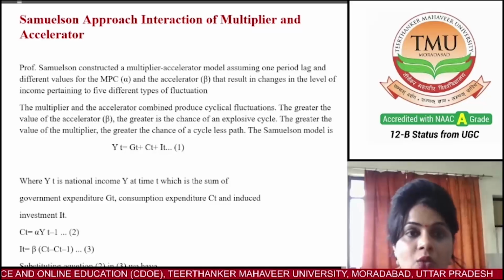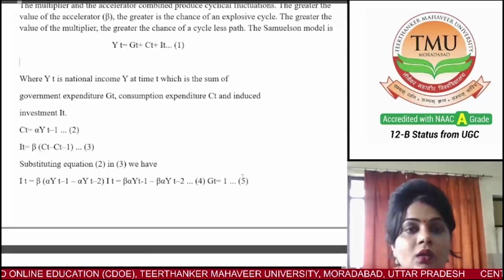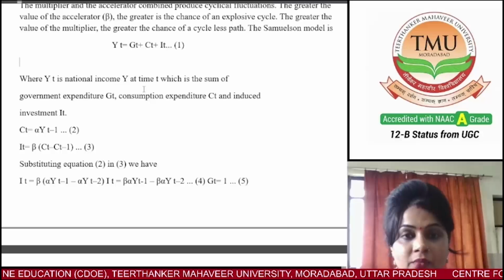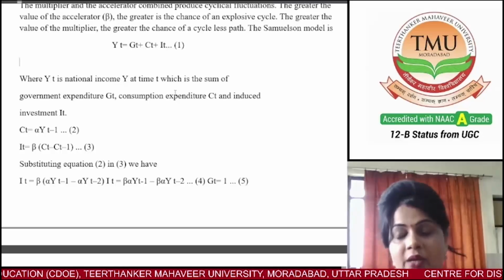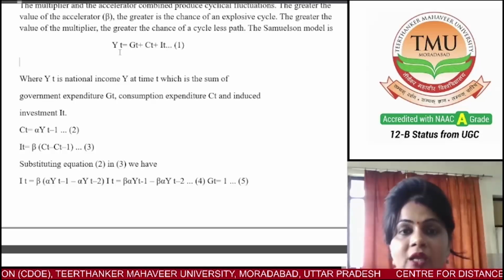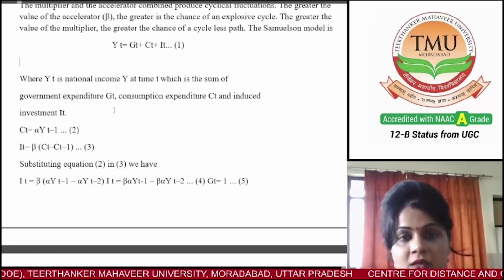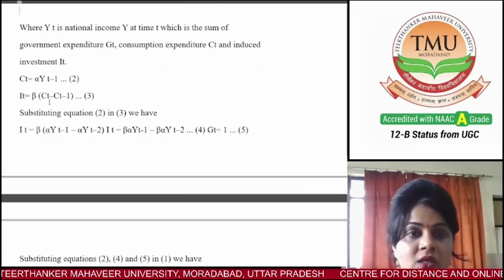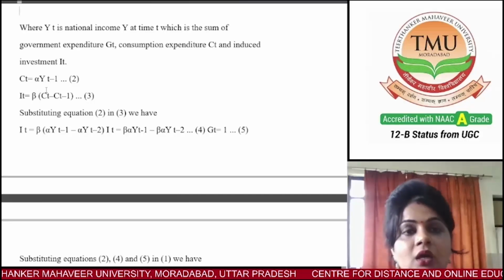It's the first equation, where YT is the national income, national income Y at time T. That means the present time, the current period. Here GT is government expenditure, CT is consumption expenditure, and IT is induced investment.